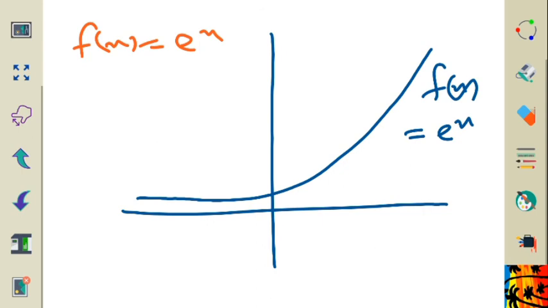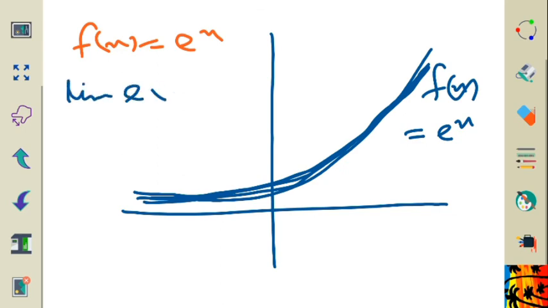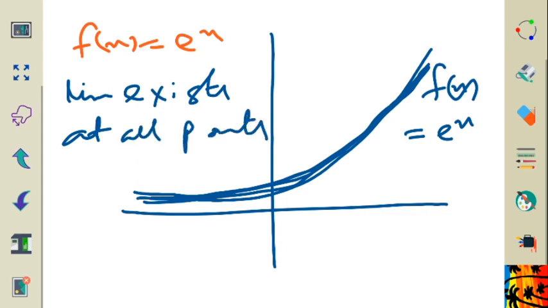You can easily see that wherever you take x, the graph is continuous. Can you see? This becomes a continuous graph, right? So if it is a continuous graph, it is very clear that the limit exists at all points. So our conclusion should be that the limit exists at all points. All points means all real points.